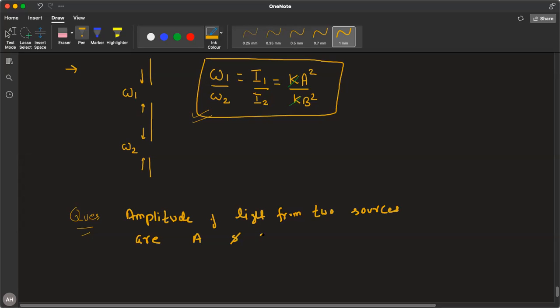From the first source, the amplitude of light is A, and from the second source, the amplitude of light is 2A. First part, I need the amplitude of maximum.